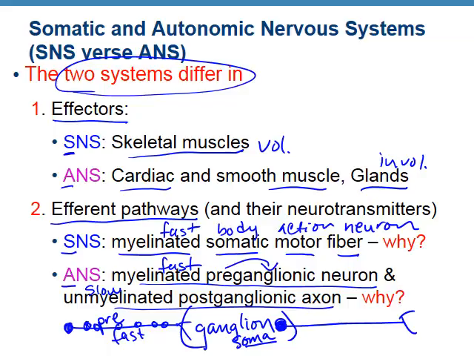So you have an unmyelinated post-axon. Why is it the axon? Well, because the soma is in the ganglion. So you have a fast preganglionic neuron and you have a slow or unmyelinated postganglionic axon.